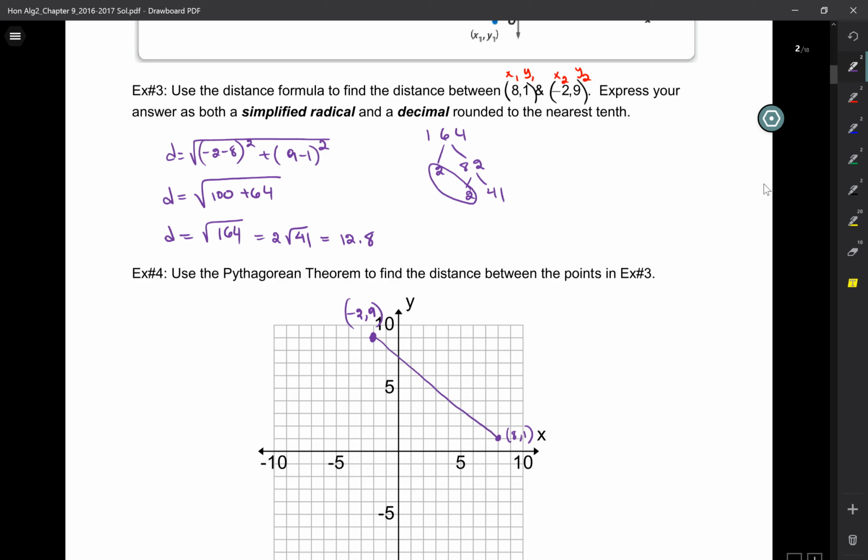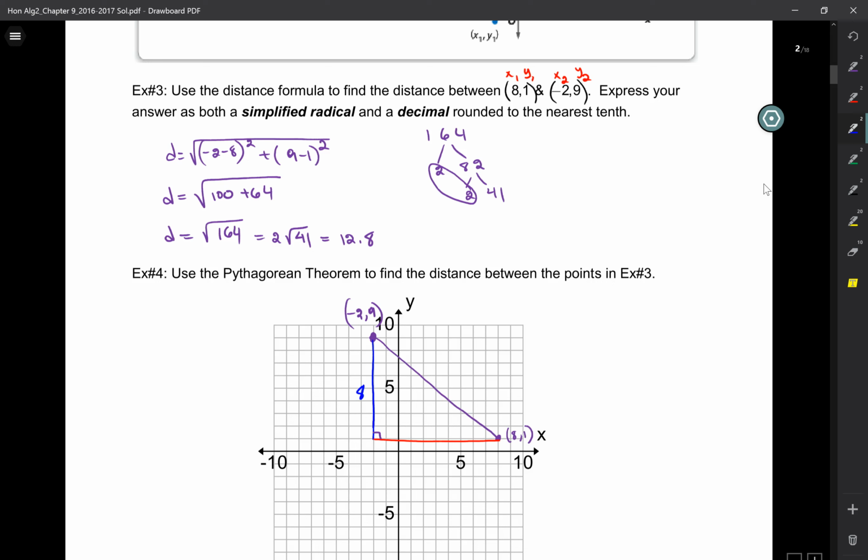And if we had to find the Pythagorean theorem, here is the triangle, right? And that's a right angle. So how much is that vertical distance? Vertical is 8, because we go from y equals 1 to 9. So the vertical is 8.